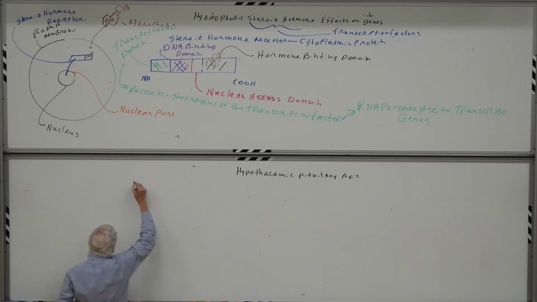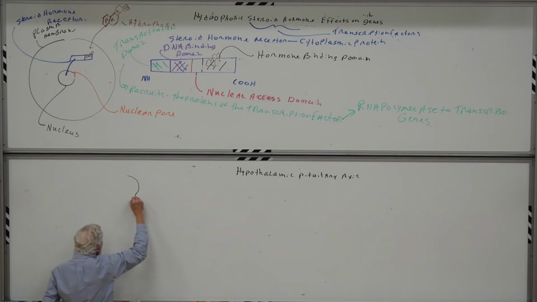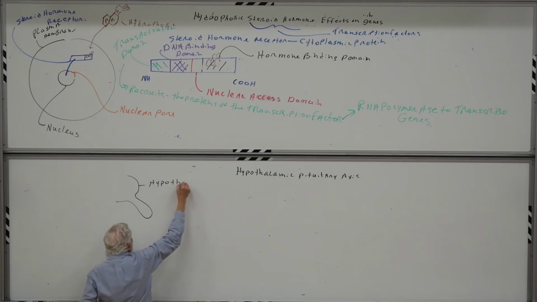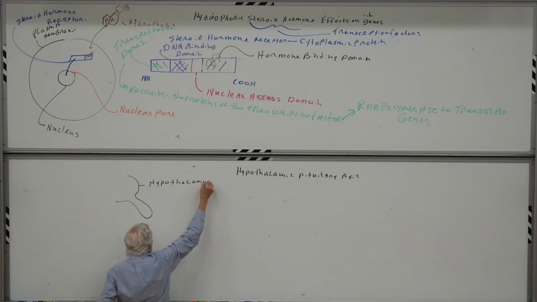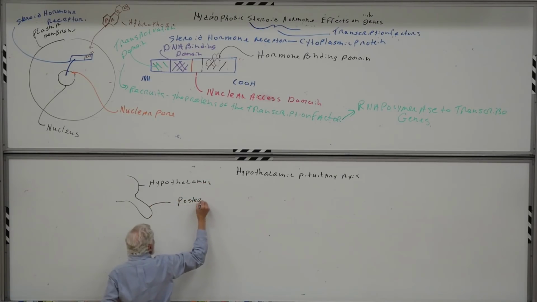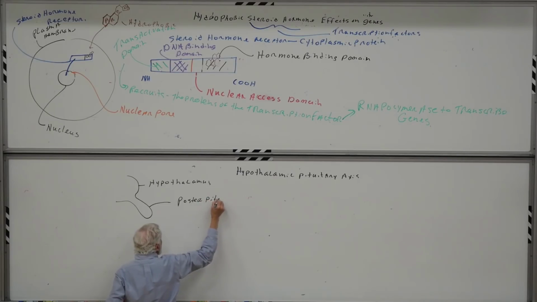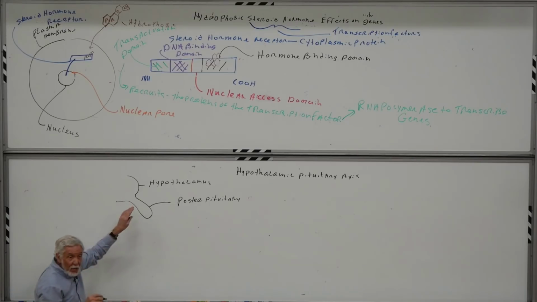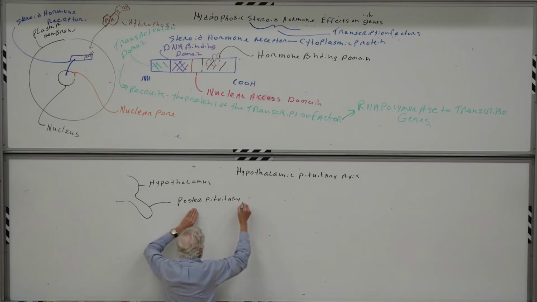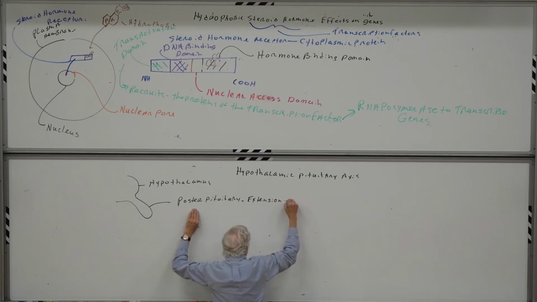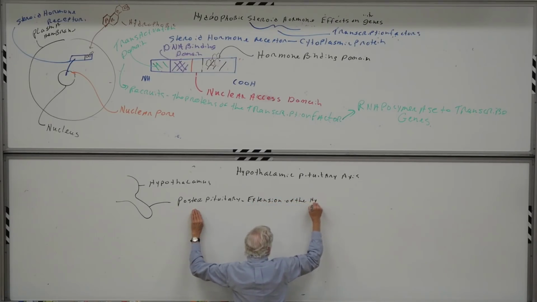Now we'll begin here, and I'm going to put the structure in. Label this the hypothalamus. This structure is meant to be the posterior pituitary. And even as the way I've drawn it, the posterior pituitary is an extension of the hypothalamus.